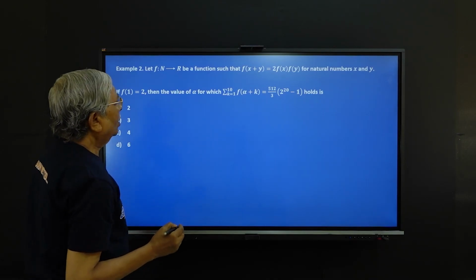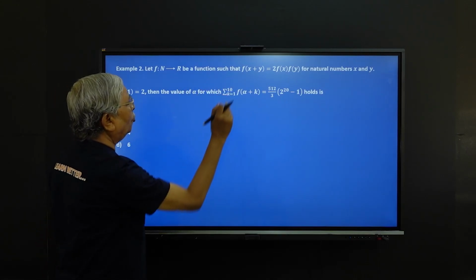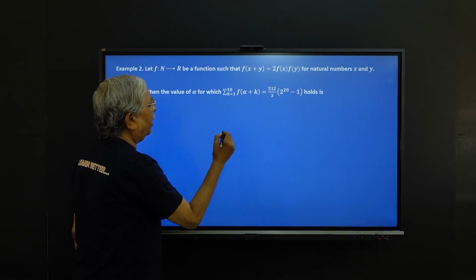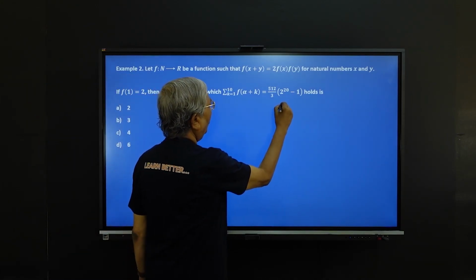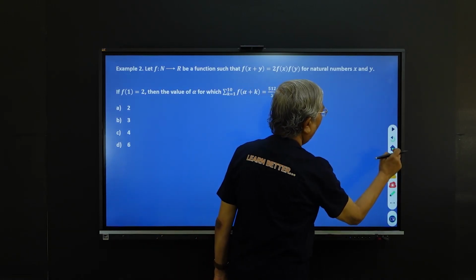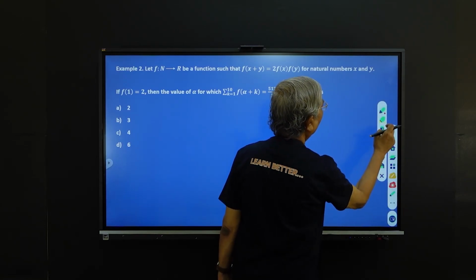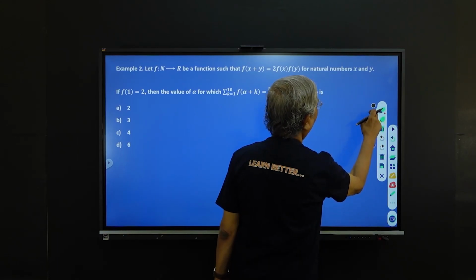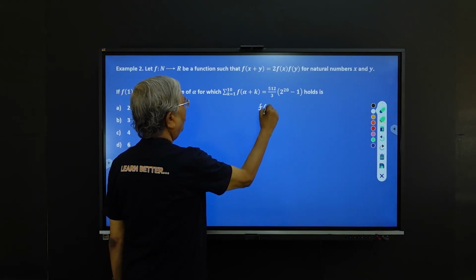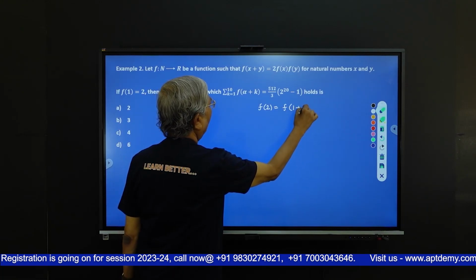Now, first we see that you are given f of x plus y equals 2 into f(x) f(y), and you are given f(1) is equal to 2. First you find f(2). What is f(2)? f(2) equals f of 1 plus 1.